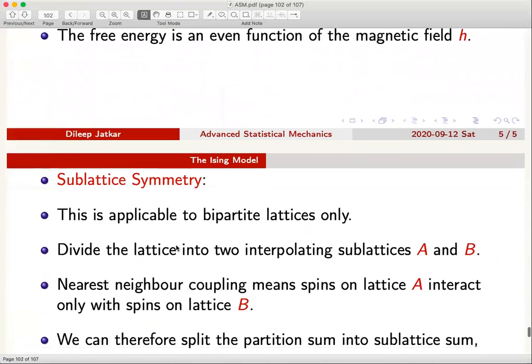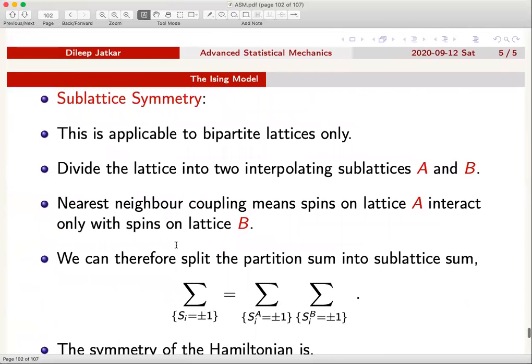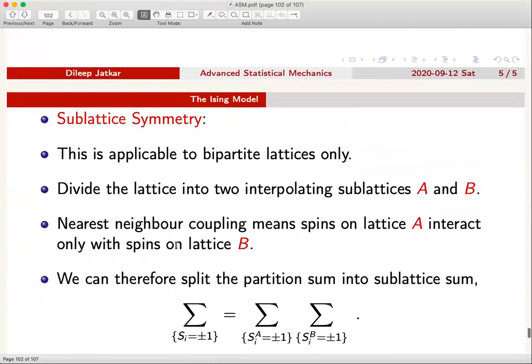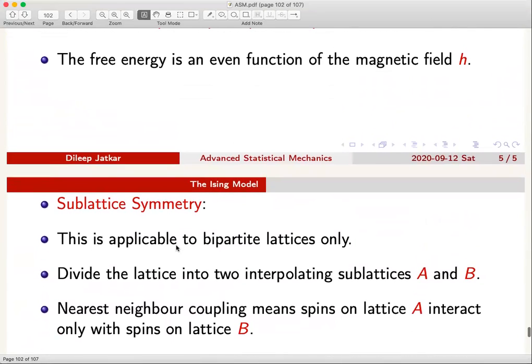So the next thing that we would look at is what is called a sublattice symmetry. Now, sublattice symmetry is a symmetry which is applicable only to a bipartite lattice. When I say bipartite lattice, I mean a lattice which can be divided into two sublattices. Just to give one example, if you are looking at, say, a binary alloy system, then if you recall, I was telling you that there are two different ways of looking at a binary alloy.